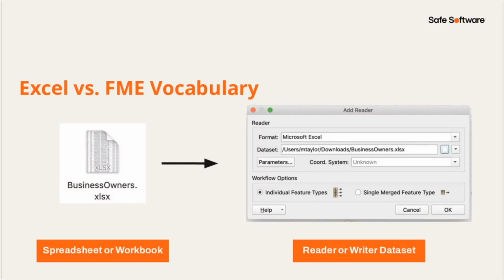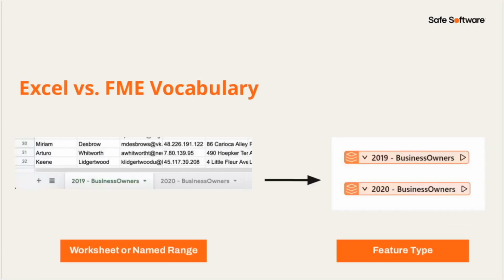Before jumping into the rest of the demos, we're going to go over what Excel vocabulary and what FME vocabulary is. In Excel, a spreadsheet or a workbook might be the equivalent to a reader or a writer dataset. Digging down further, a worksheet or a named range is going to be represented by one feature type.